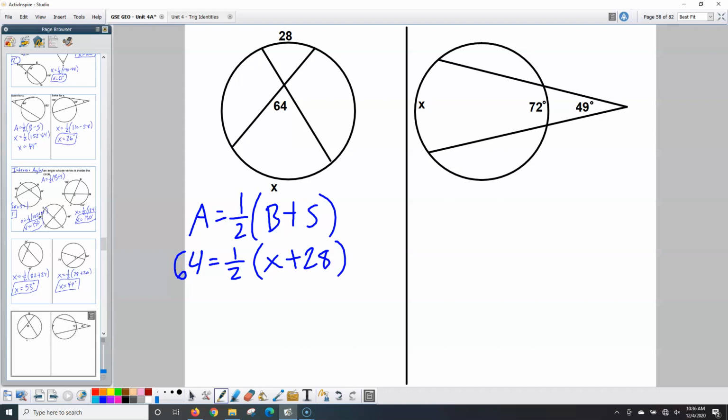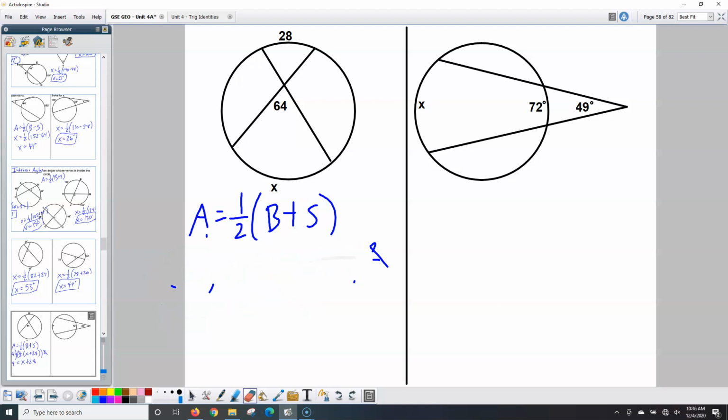Sometimes students like multiplying both sides by 2. And they'll say, okay, I got to get rid of this 1/2 over here. And the 2's will cancel with a 1/2. And then over here, I'd have 128 equals X plus 28. And then I subtract the 28 and I get 100.